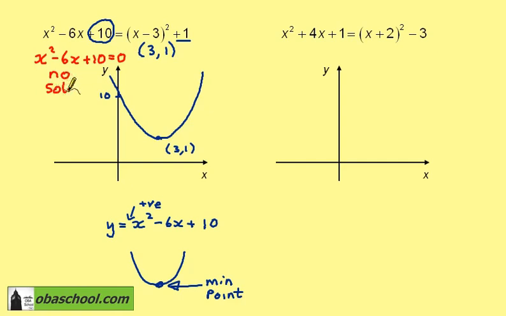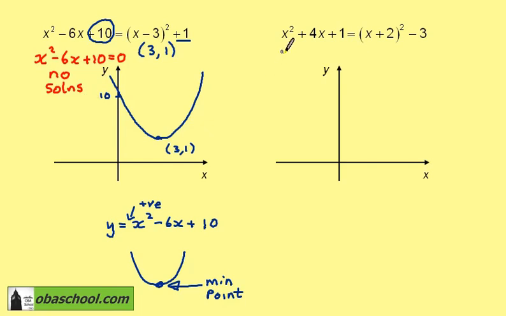The solutions to a quadratic equation where it's equal to 0 give the coordinates of the points where the curve cuts the x-axis. And here, this curve does not cut the x-axis.